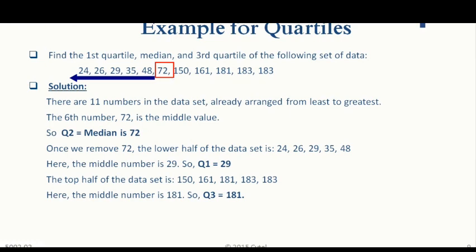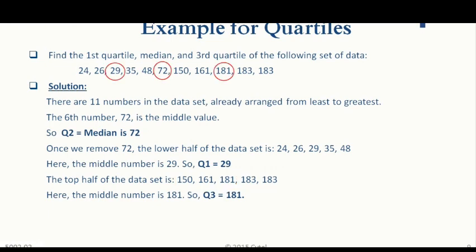The lower part is 24, 26, 29, 35, 48. If you compute the median of this lower part, it will be the third observation and therefore the first quartile is 29. The other half due to the median is 150, 161, 181, again 5 observations, so the middle one is 181. So Q3, the third quartile, is 181.